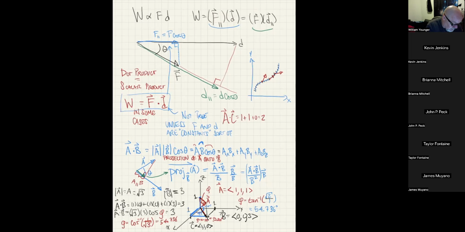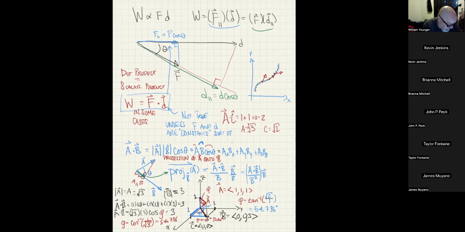So this just gives me 2 for A dot C. You already know the magnitude of A is the square root of 3. And the magnitude of C is 1 squared plus 1 squared, take the square root, so that's the square root of 2.